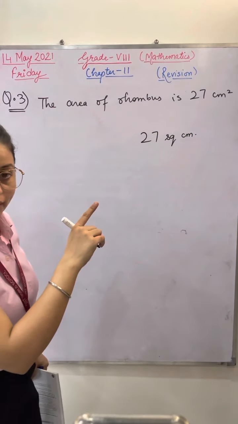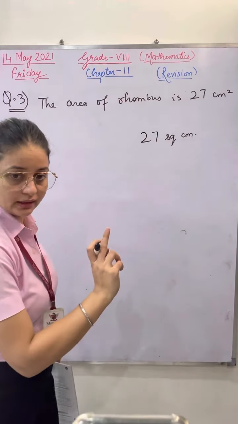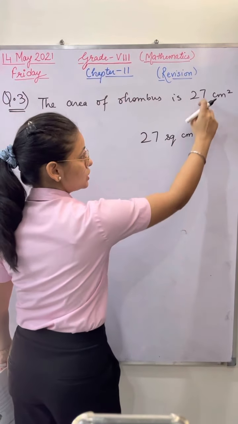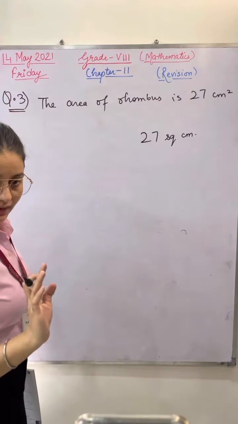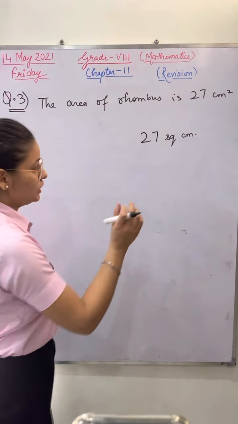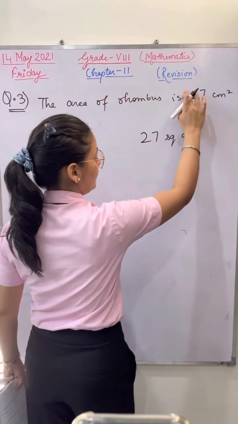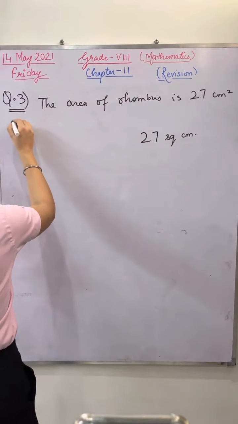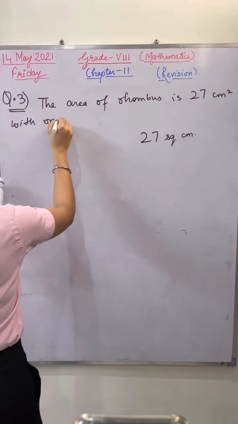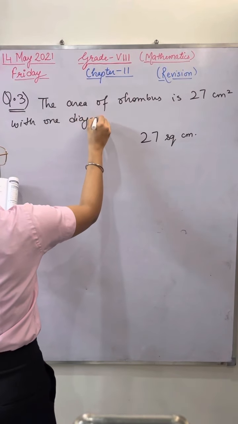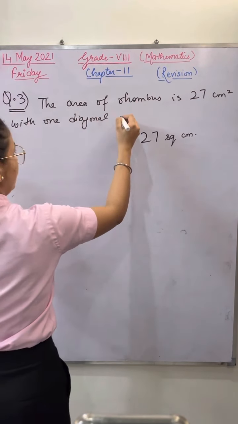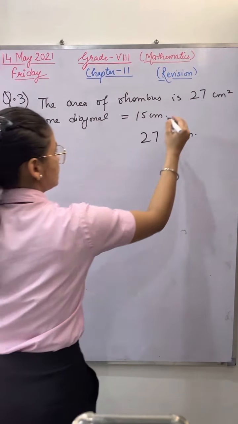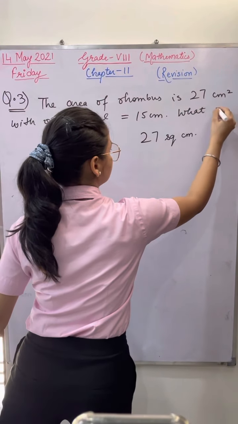That also means centimeter square. These two are the same thing. If in some question they mention square centimeter, it is absolutely the same as centimeter square. Okay? With one diagonal equal to 15 centimeter, what is the length of the other diagonal?